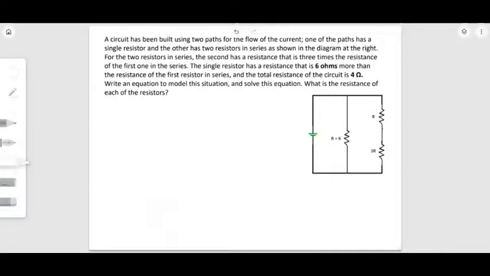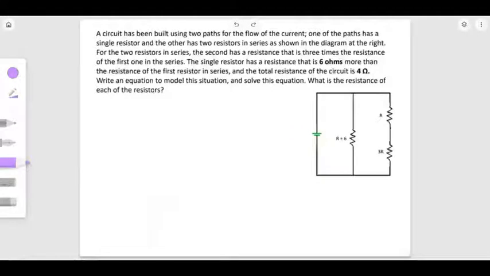The single resistor has a resistance that is 6 ohms more than the resistance of the first resistor in the series, and the total resistance of the circuit is 4. Write an equation to model the situation and solve this equation. What is the resistance of each of the resistors? Now, in order to solve this question, at first we need to write an equation.